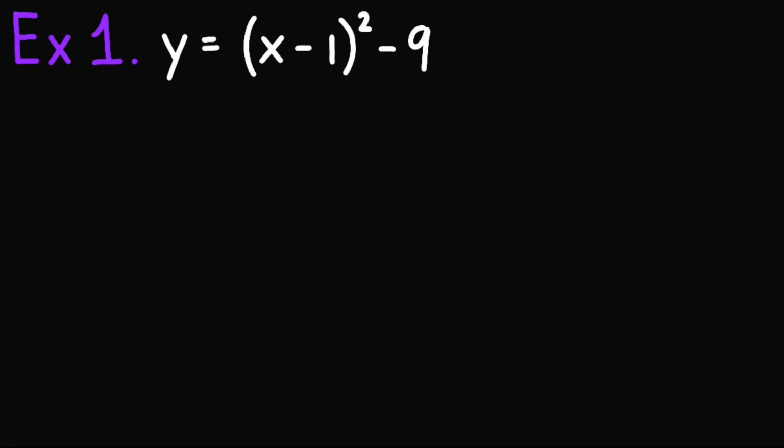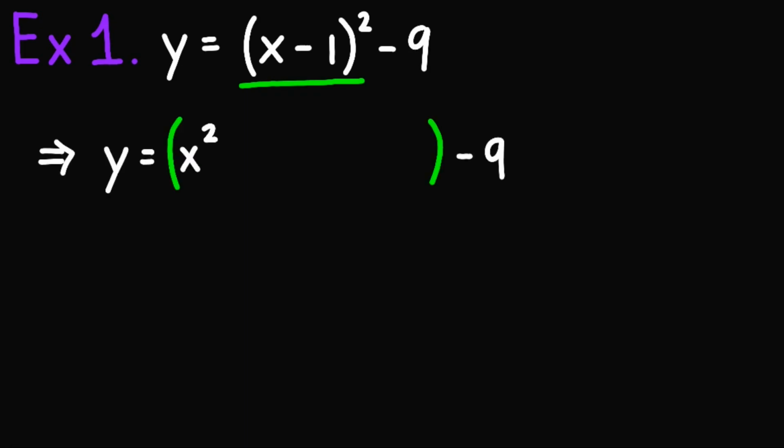Okay, good. So let's try this one out. We start by applying square of a binomial out here. That is, we'll have x squared minus 2 times x times 1 plus 1 squared.